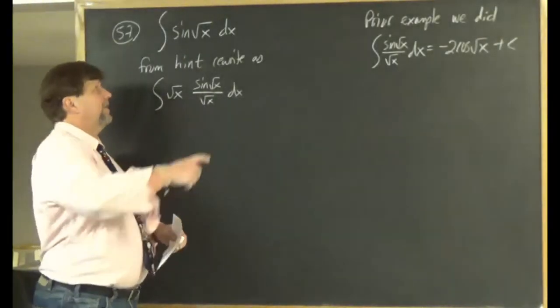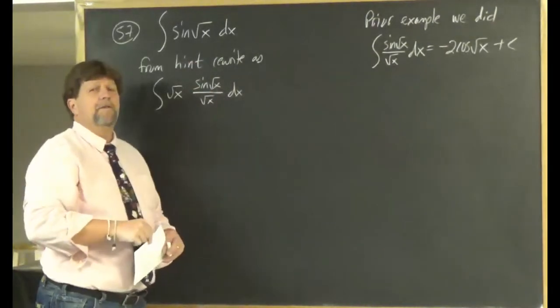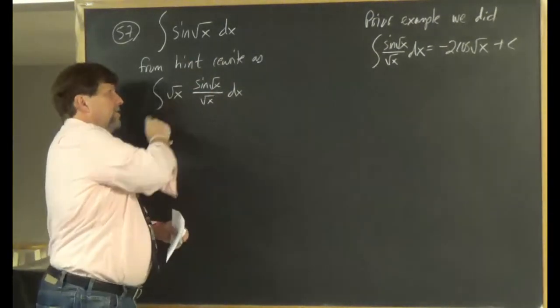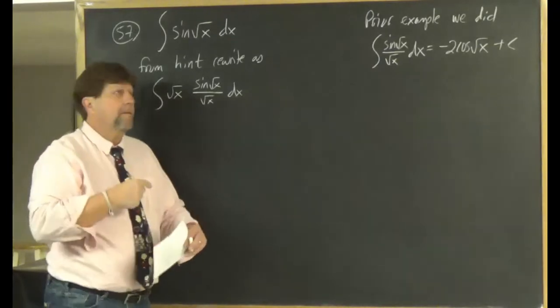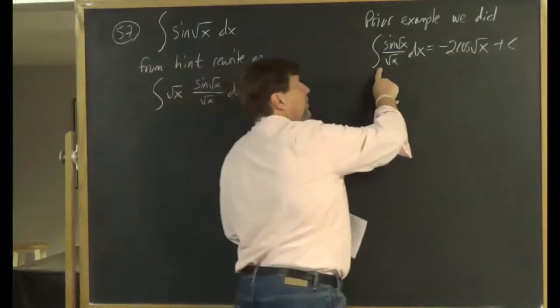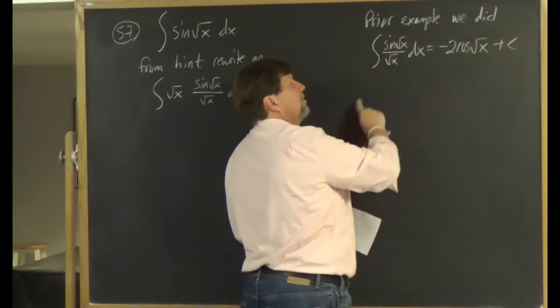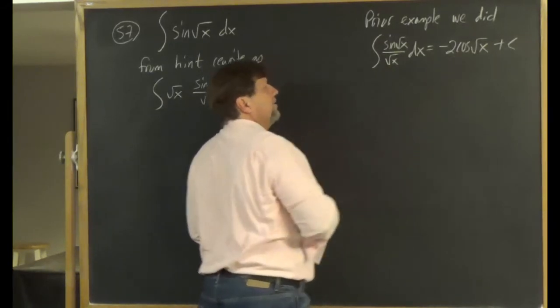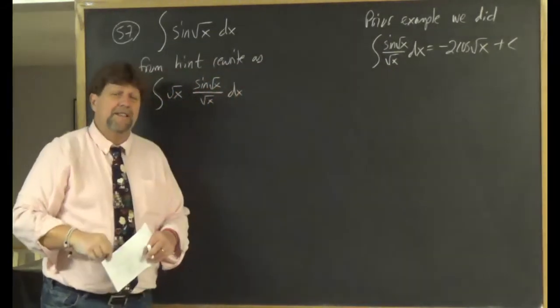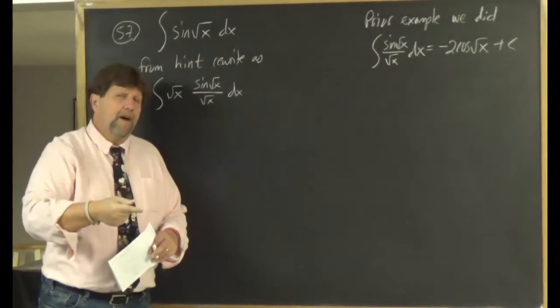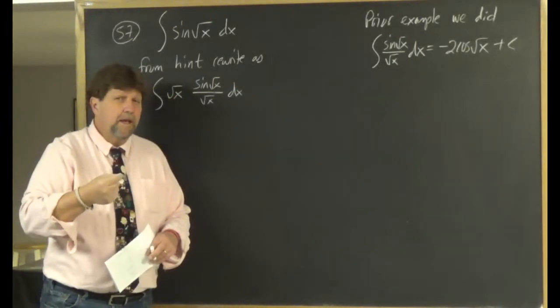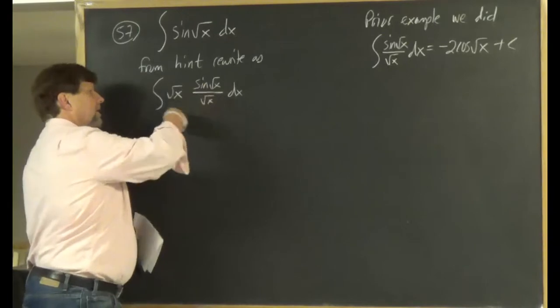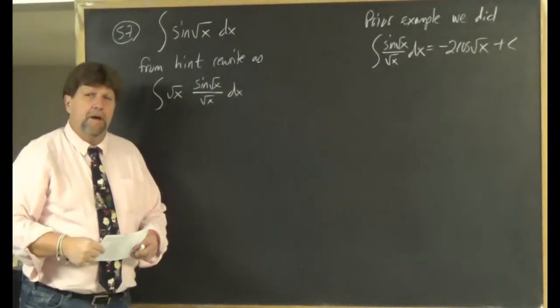Alright, number 57. You're asked to integrate sine square root x. I gave you the hint to rewrite it like this. And remember from the prior example, we learned that the integral of sine square root x over square root x is negative 2 cosine square root x plus c. And then I gave you one more hint: this looks like it should be cranked through integration by parts.